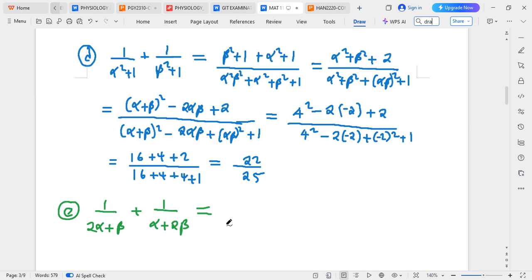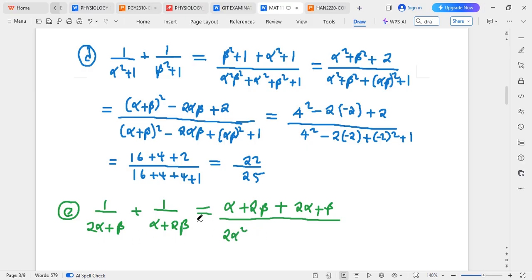Just multiply the one down with the alpha plus 2 beta. That's going to be 1 times alpha plus 2 beta. Multiply the one on top of the second with the 2 alpha plus beta down. That is going to be 2 alpha plus beta. And then multiply the two denominators. 2 alpha times alpha is 2 alpha squared.